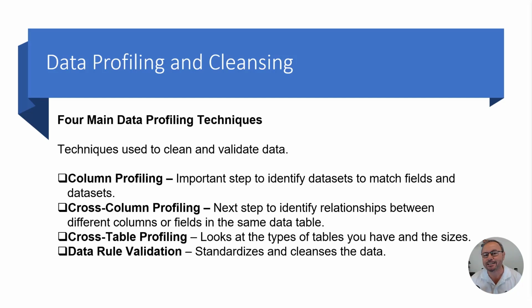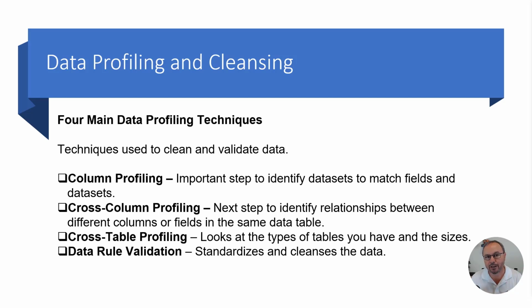There's 4 main types of data profiling techniques that we may want to use to clean and validate data. Column profiling. This is the first step generally that we want to do when we look at our data services to match fields and data sets to really idealize what we have, and then hopefully determine in the next step what are the relationships to those fields and data sets.